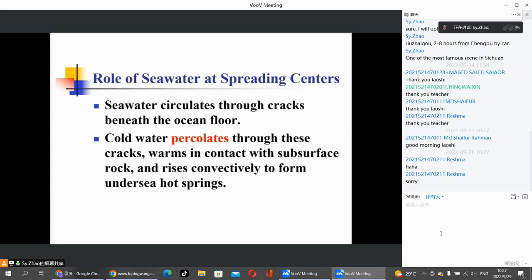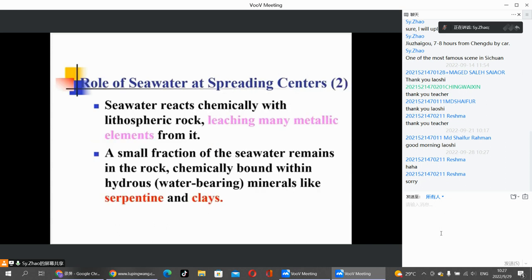And the seawater circulates through cracks beneath the ocean floor. The cold water percolates through these cracks, warms in contact with the subsurface rock, and rises convectively to form undersea hot springs.